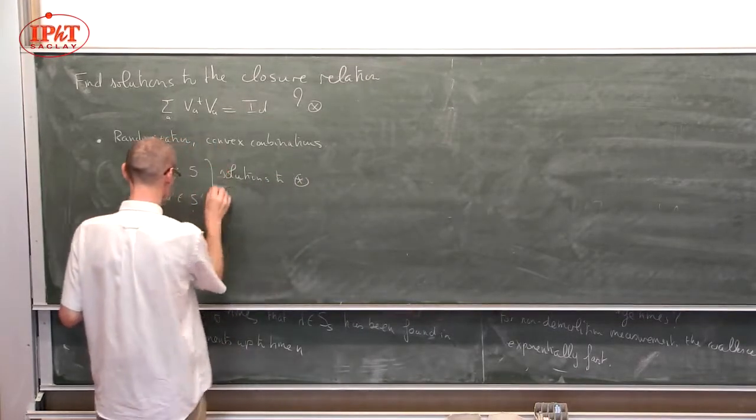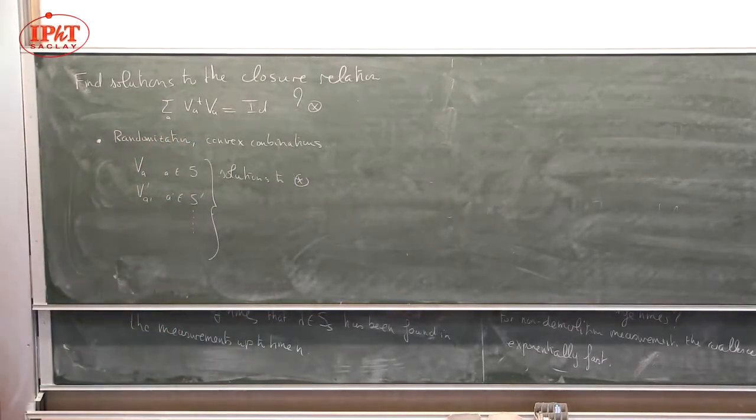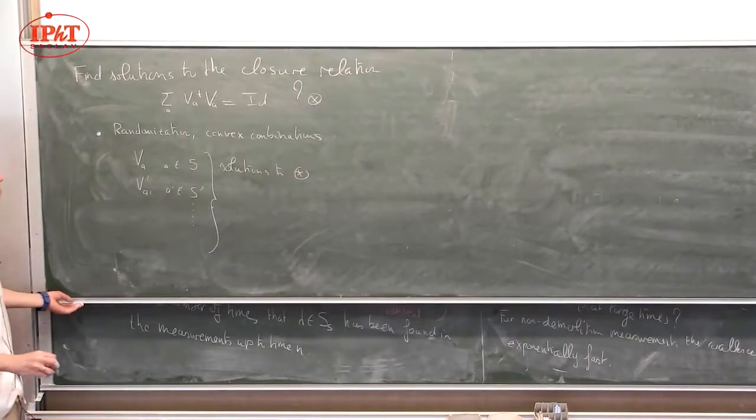All of them are solutions to star. Well, then it's easy to see that you can make convex linear combinations.